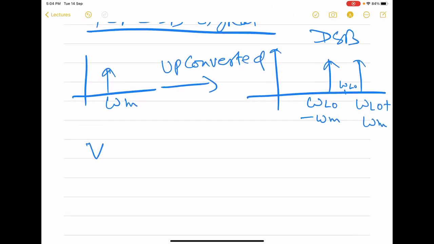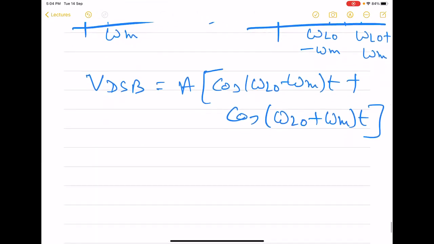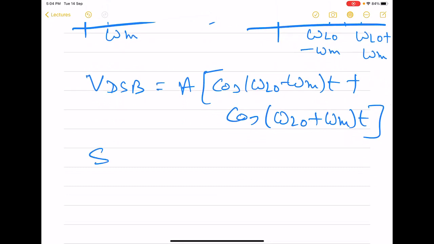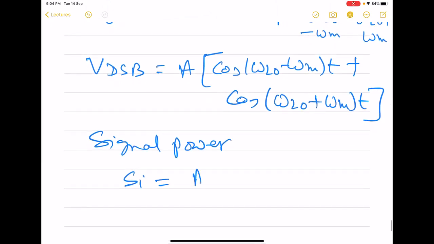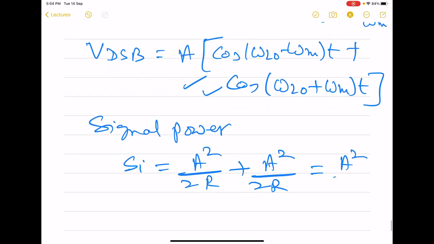So our DSB signal is A into cos (omega LO minus omega m) t plus cos (omega LO plus omega m) t. In this case, signal power SI will be A square by 2R plus A square by 2R, that of each of the two parts. So this becomes A square by R.